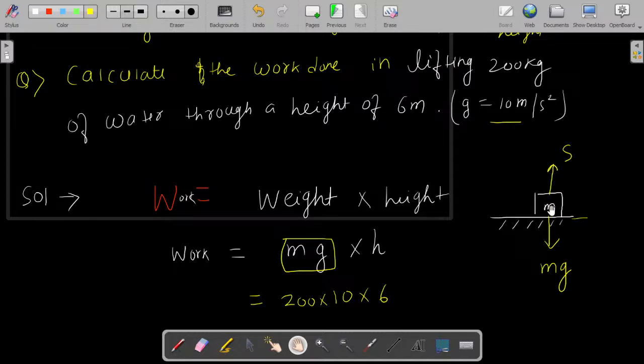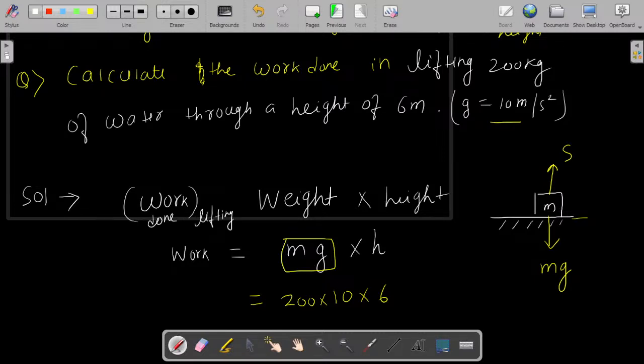The gravitational force is acting in the downward direction and displacement is in the opposite direction. So you also write work done in lifting.